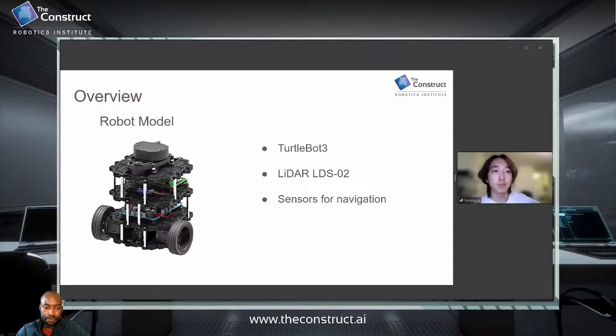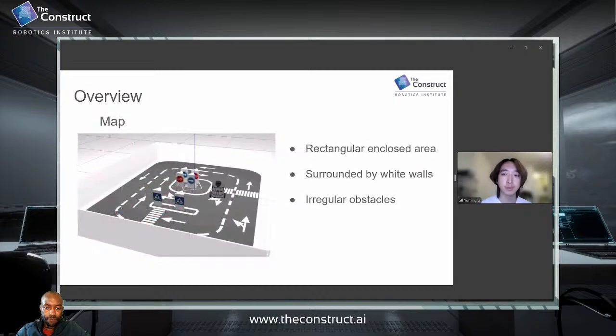And this is the robot model that I'm using in this project. It's a Turtlebot 3. It's equipped with a lidar and several sensors for navigation. This is how the map looks. It's a rectangular enclosed area surrounded by white walls, and there are some irregular obstacles in the middle of the area.